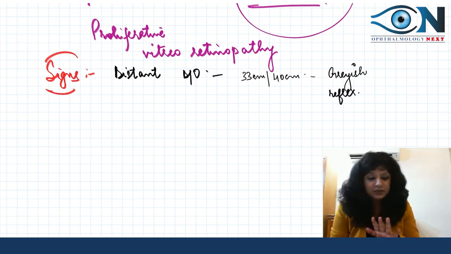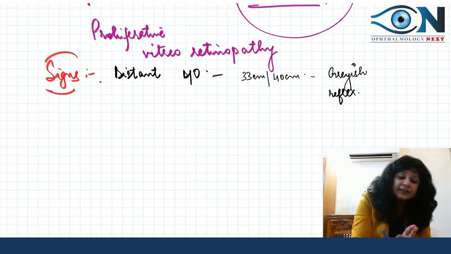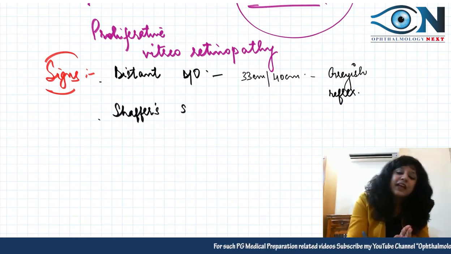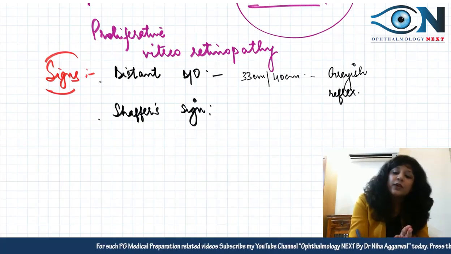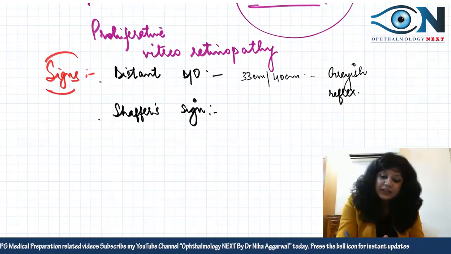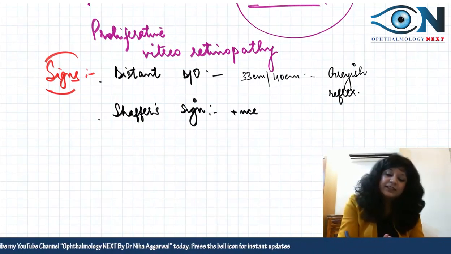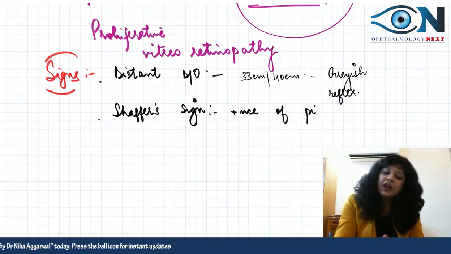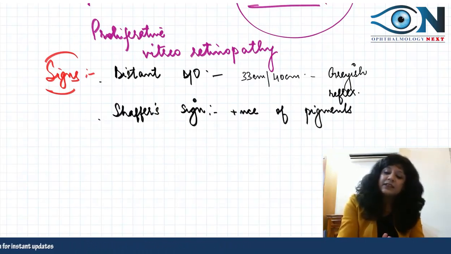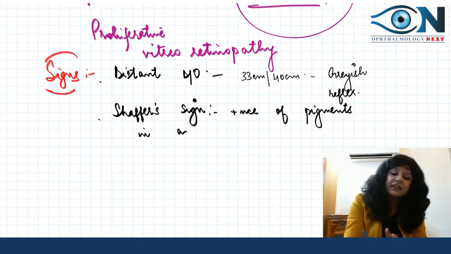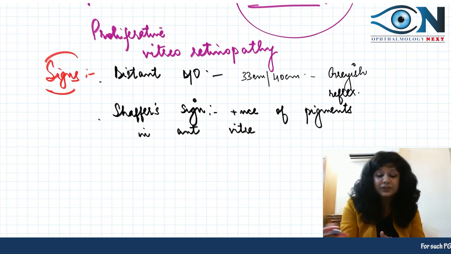So always remember. Then second thing, we also get the Schaffer's sign. Now Schaffer's sign is again important, because you are not going to get this in other RDs. This is the presence of pigments. We are going to get the pigments in the anterior vitreous because of the degenerations.